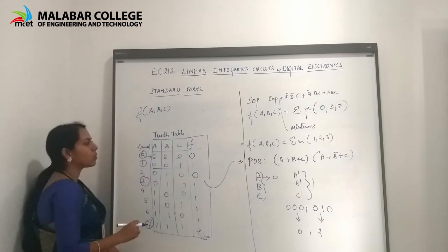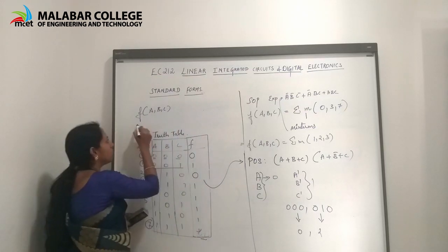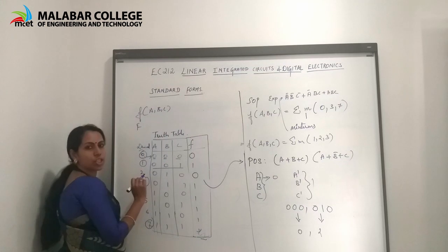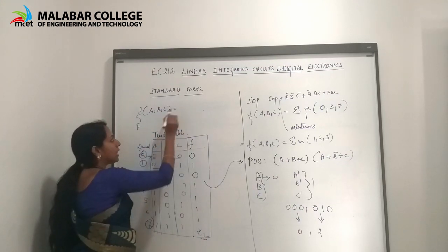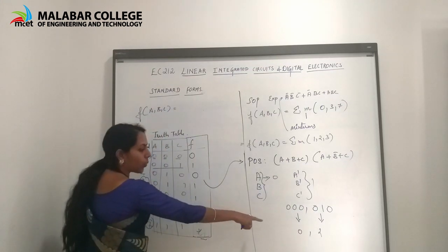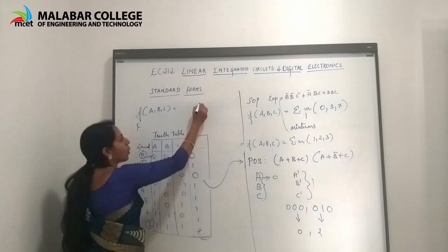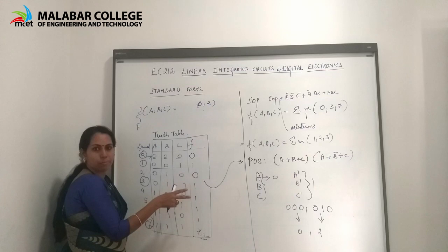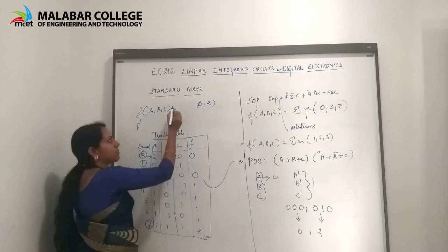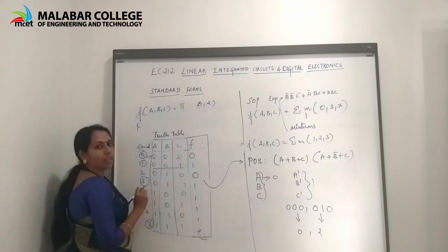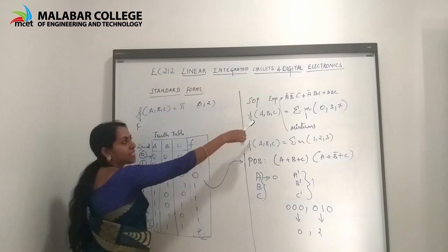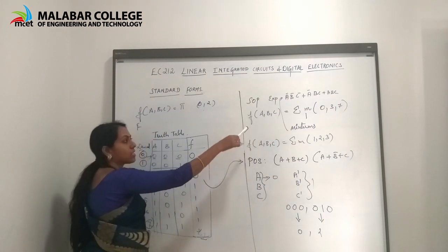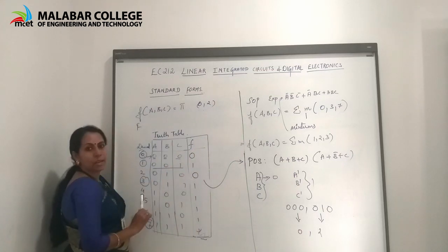Sometimes they use a capital F also for function; in some textbooks it is written capital F. Anyway, function of A, B, C is equal to what are the values here? 0 and 2, decimal numbers 0 and 2. It's a product of sums, so we write pi here. In the case of SOP, we wrote summation because it is sum of products. Here we will write pi.